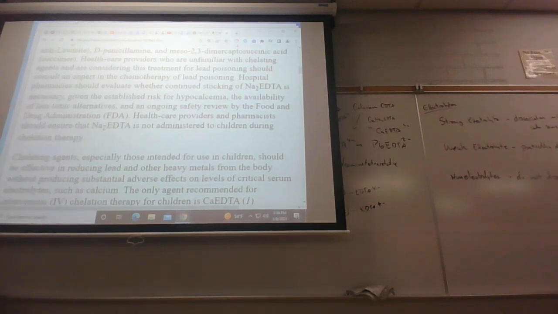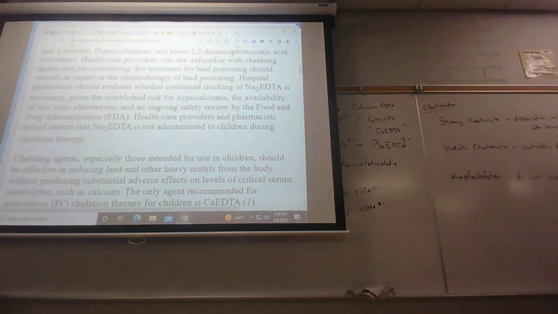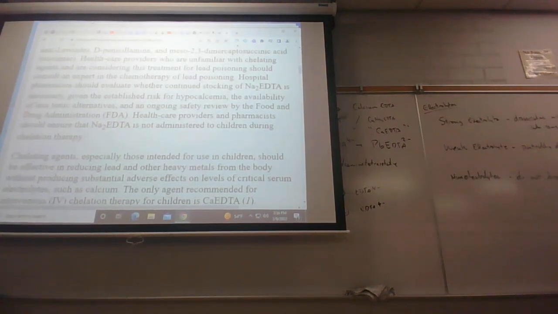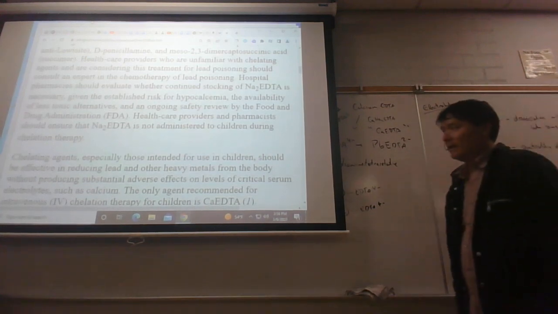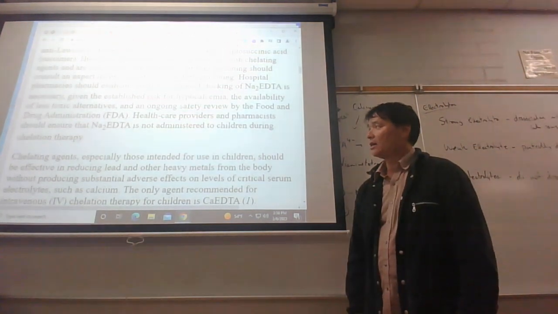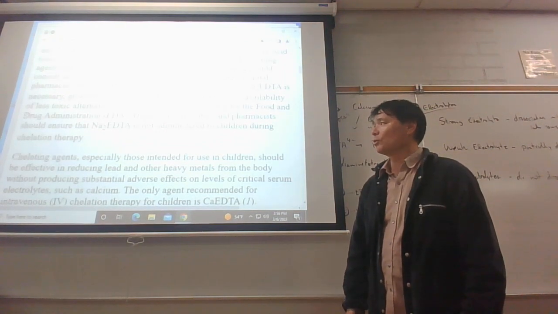The reason there are two drugs is, let's say if you mistook this for water and you just shoved it down, then you're going to have an acute case of lead poisoning, like a high concentration of lead in your blood. And if that's the case, then you want a more aggressive treatment.